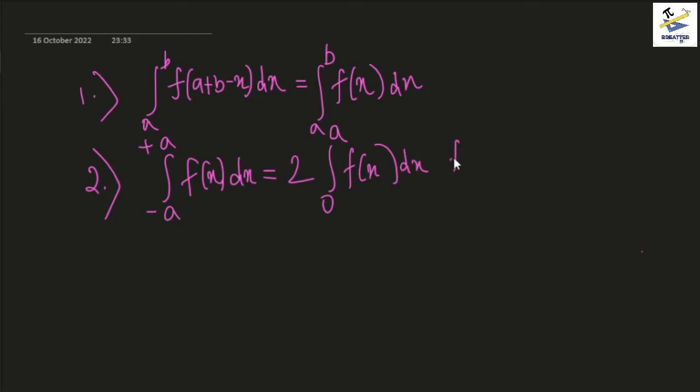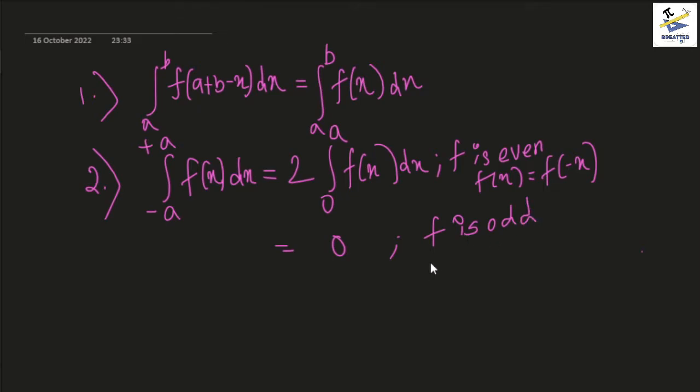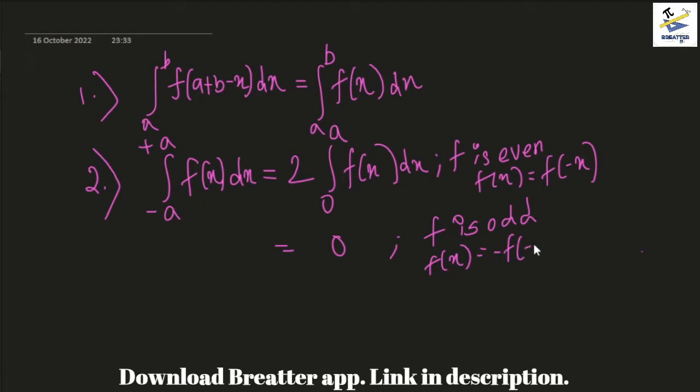This is when f is even, which means that f of x should be equal to f of minus x, and it is 0 when f of x is equal to minus f of minus x. So we did these two problems.